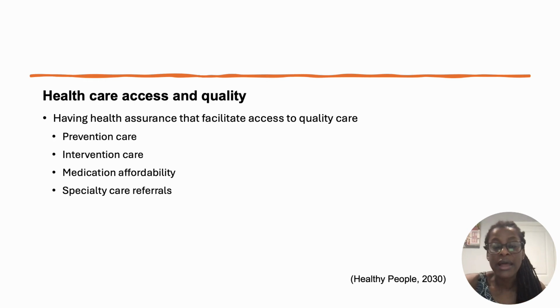And that quality care also trickles down to the type of health insurance you have, right? Because oftentimes I have worked with medical doctors who wanted to send patients for some preventative screening, but the type of insurance the patient has limits their ability to do that.